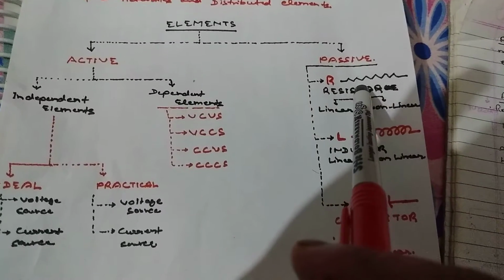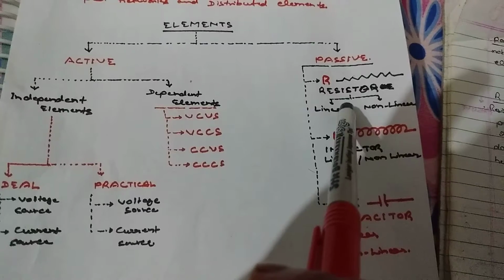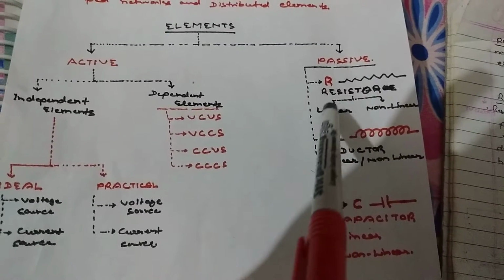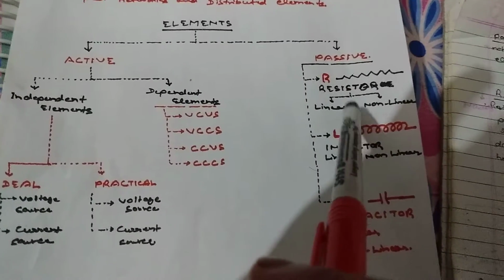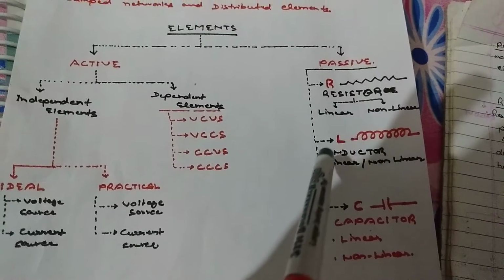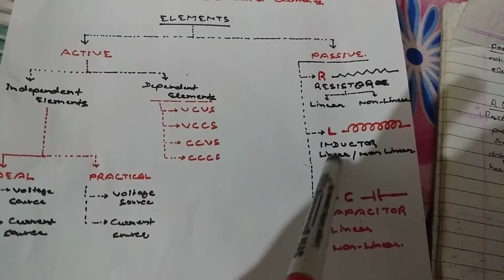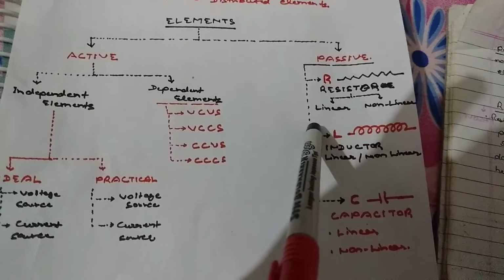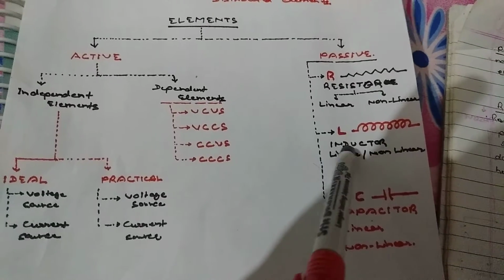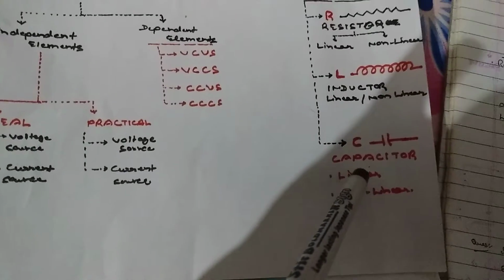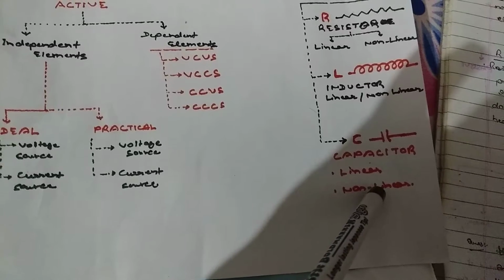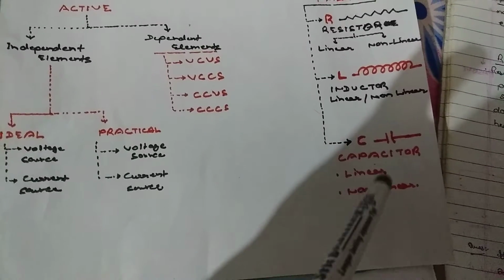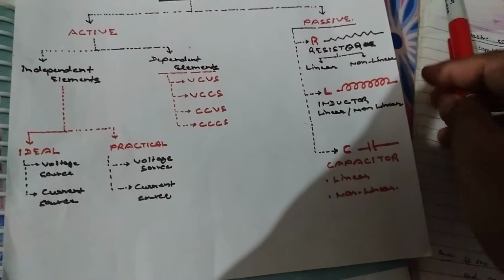A resistor symbol is like this. It is further classified as a linear or non-linear resistor. In the same way, an inductor is also classified as a linear inductor or non-linear inductor. Similarly, a capacitor is also defined as a linear capacitor or non-linear capacitor.